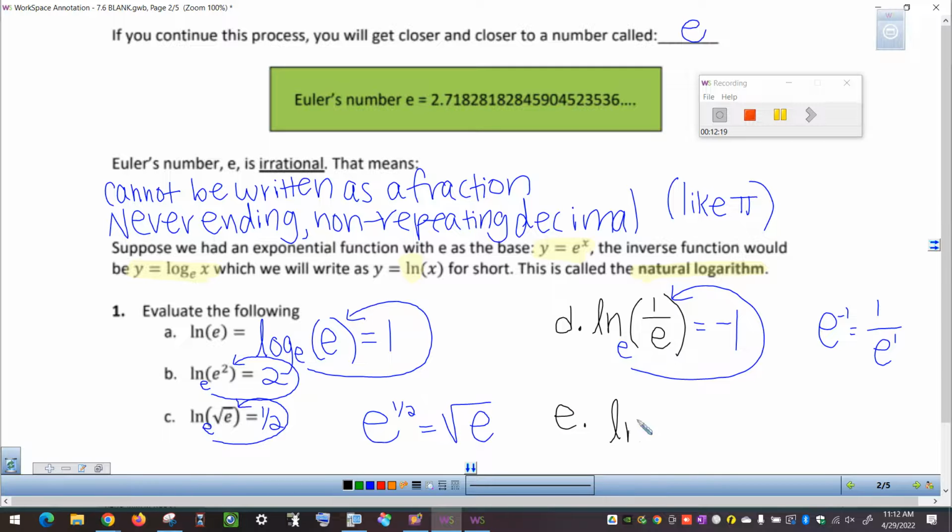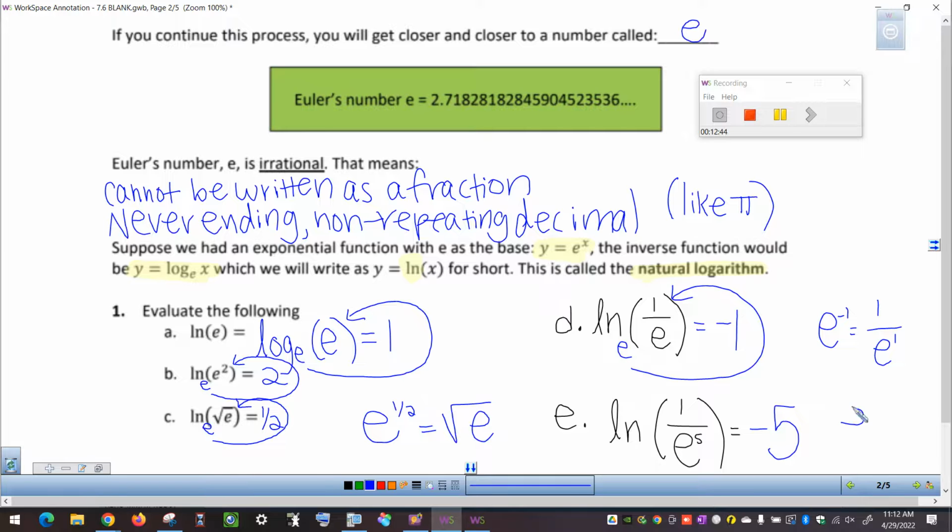And so if we were to look at one more, let's make it something like ln of 1 over e to the 5th. What do you think that exponent, or that answer would be? It's going to have something to do with 5. Yep, and we're going to make it negative because we see that it is written here as a fraction.